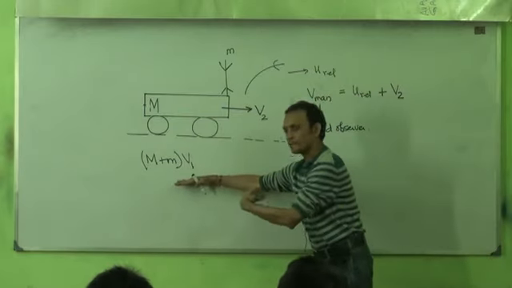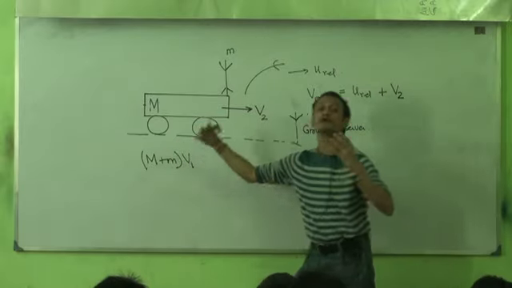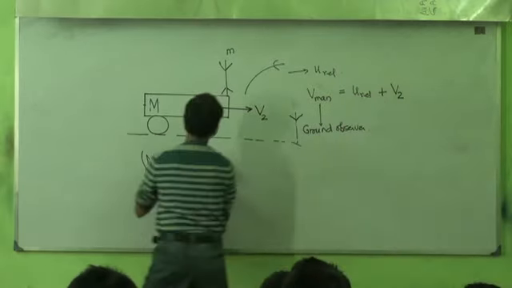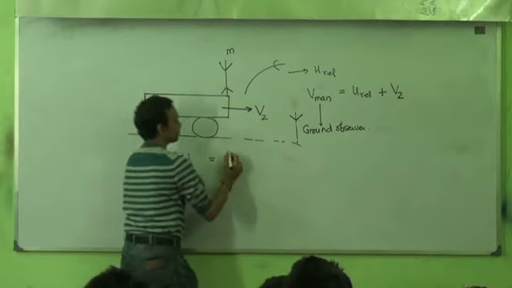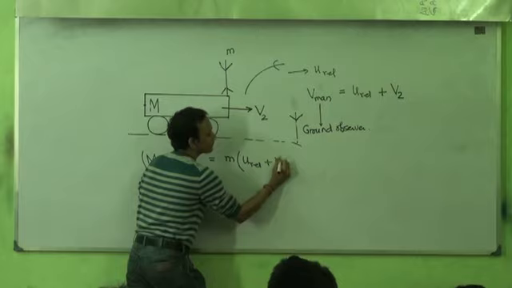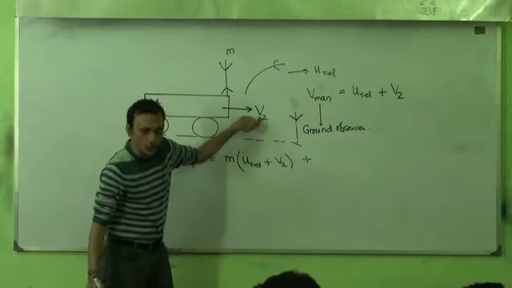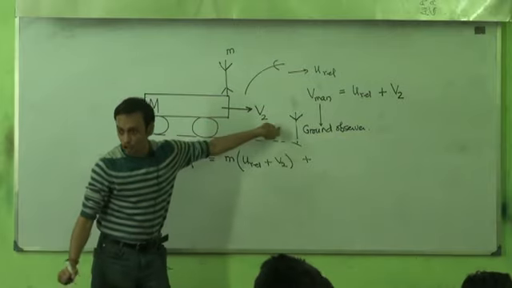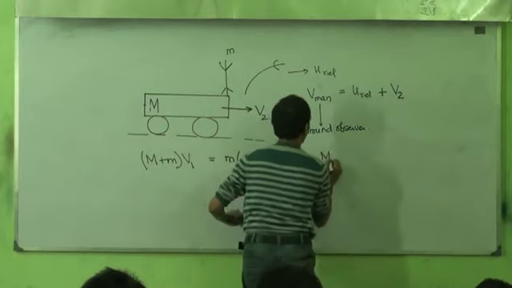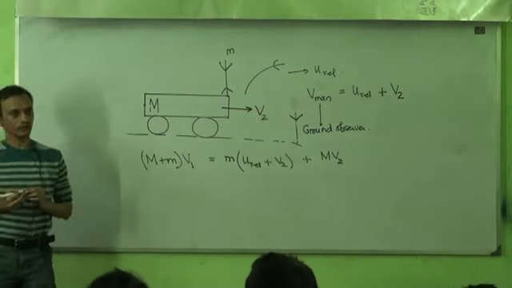Just before the man jumps off, the system was housing this amount of linear momentum. Just after this jump, the man held back this amount of linear momentum, urel plus v2, leaving the trolley with capital M into v2. Right?